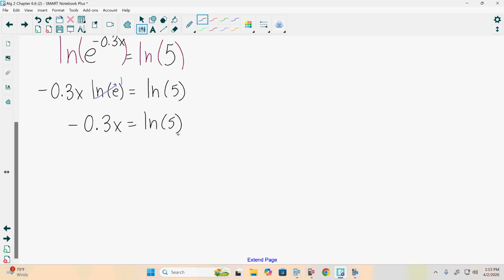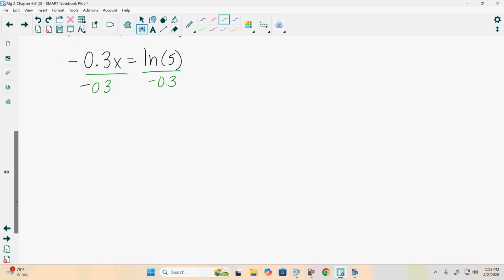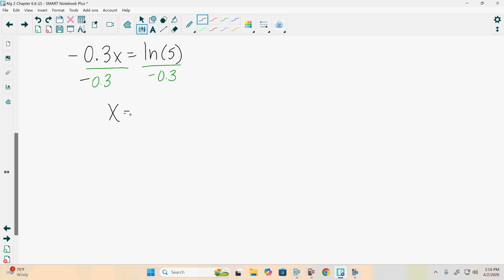So for x, we would need to what? We need to divide by negative 0.3. Negative 0.3x divided by negative 0.3 would give us just x is equal to the natural log of 5 over negative 0.3.